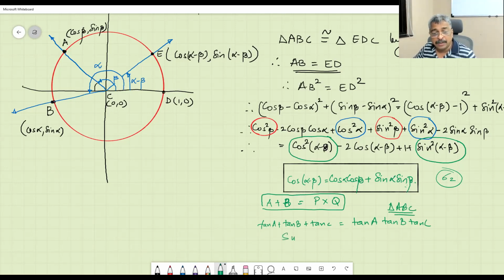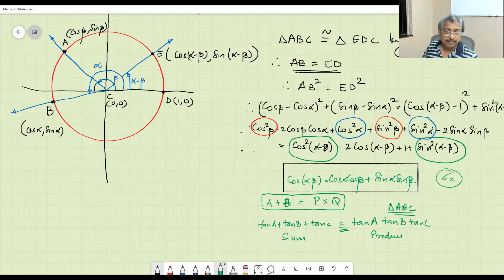LHS is sum, RHS is product, and they are equal. So whenever we require a situation that, oh, my algebra would have been good if all these three terms are in summation form, unfortunately I am getting them in product form, you can think of trigonometric substitution. That is why these formulae are going to be useful.